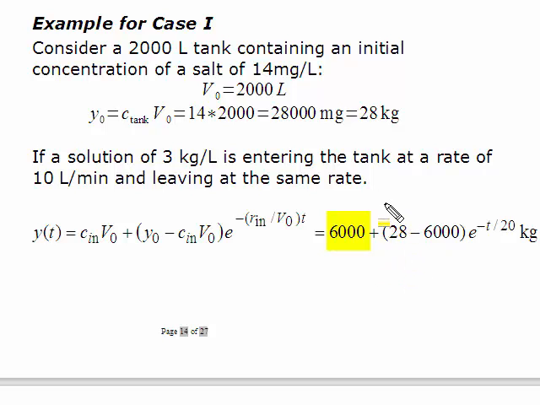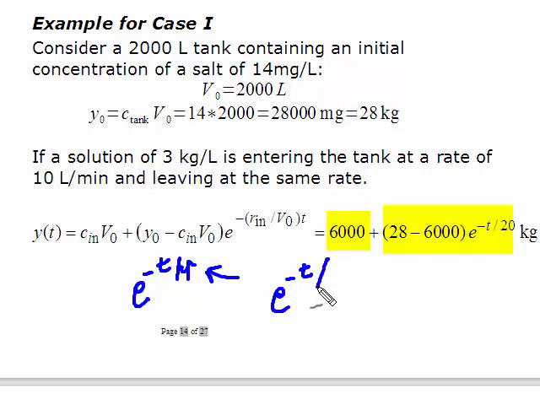All right, here's the transient term, and remember, e to the minus t over tau gives you sort of a half-life, or time constant rather, and in this case it would be e to the minus t divided by V0 over Rn to get a time constant. The time constant turns out to be 20, in this case 20 minutes, because of the rates we used in minutes.